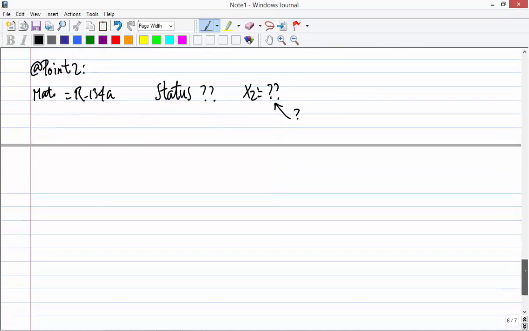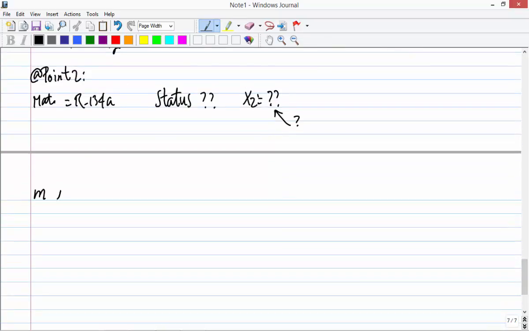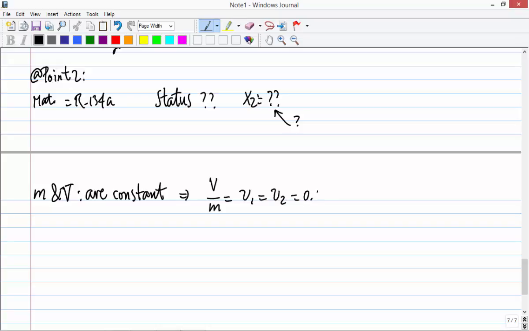So M and V, mass and volume, are constant. Therefore, V over M equals v1 equals v2, which we just found before, up there.